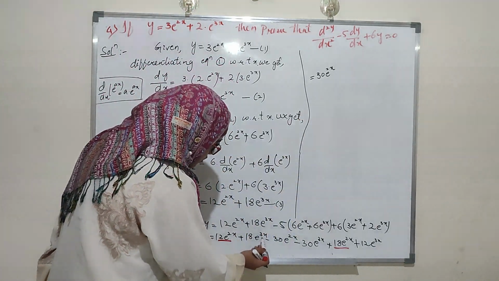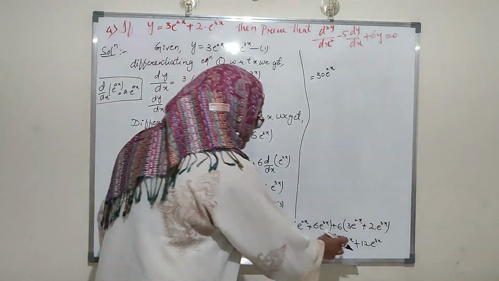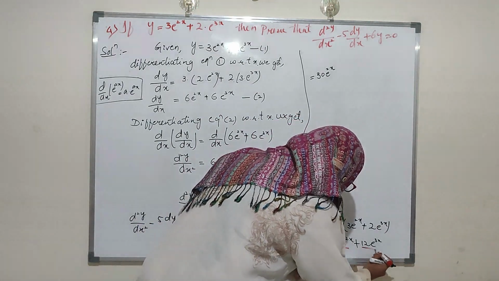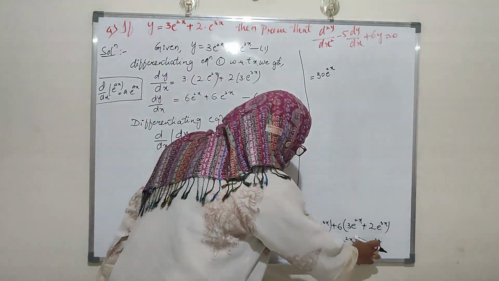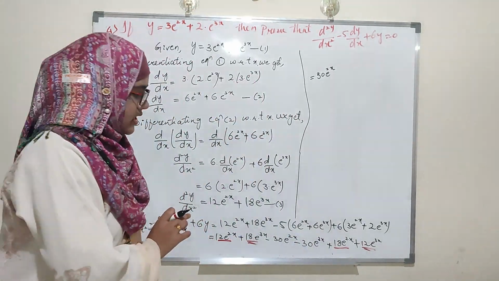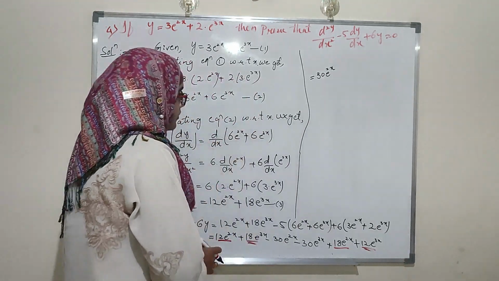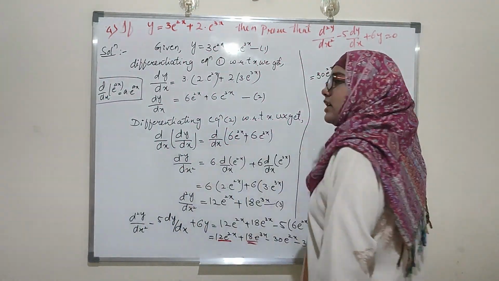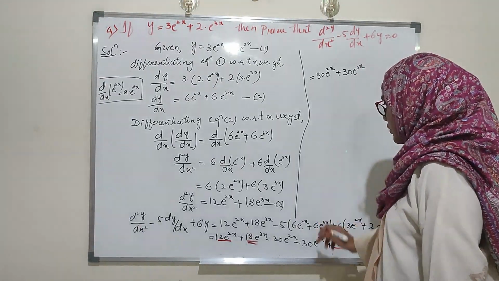Now see the e^(3x) terms: 18e^(3x) plus 12e^(3x). These two terms both have the same exponential term, that's why we can add 18 plus 12, plus 30e^(3x).